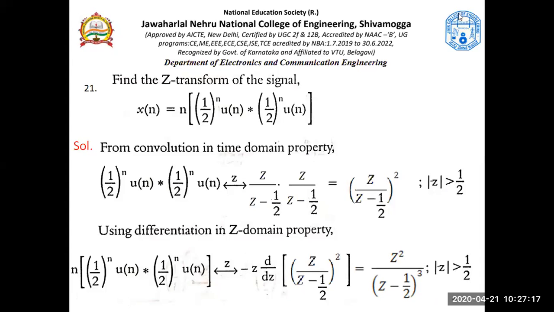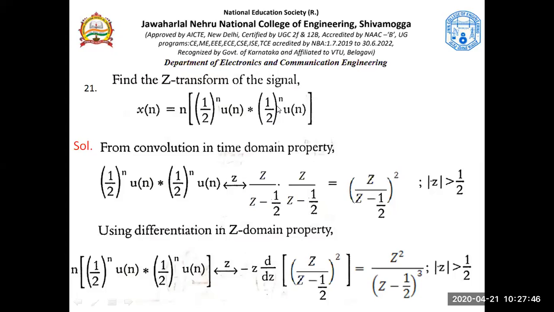It's a small problem, provided you understand the convolution property and the differentiation in Z domain property. So properties are very important tools to find the Z transforms in a faster way. Otherwise, solving this would take a lot of time if we start from the basic equation.